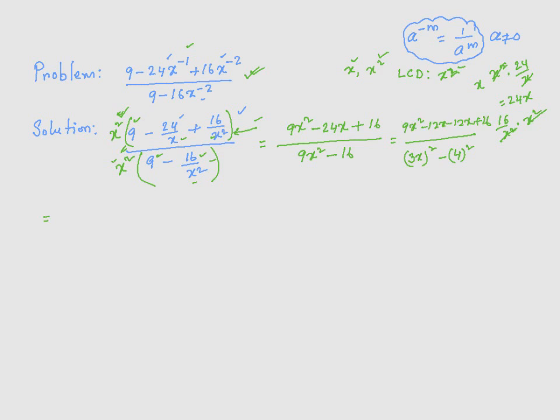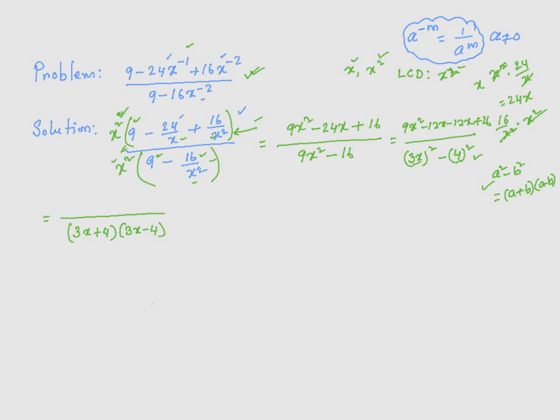Then I'm just going to factor things out. In the denominator, it's easy to simplify using the difference of squares. It's going to be 3x plus 4 times 3x minus 4. The difference of squares formula, you do remember it: a square minus b square is equal to a plus b times a minus b. I have used this formula to simplify this. In my context, a is 3x and b is 4.